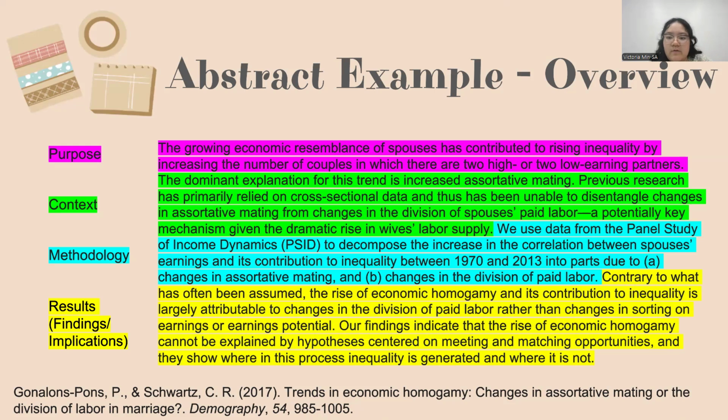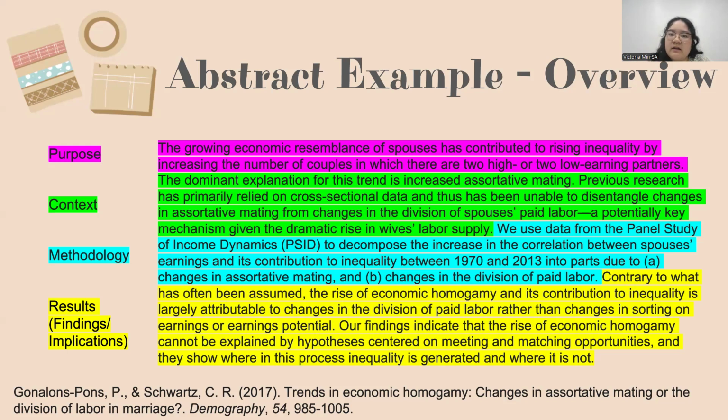What is really helpful to note is that even though you might notice that the results are longer and the purpose is shorter, it doesn't really matter how long a certain section is. It's more important that you include these different elements, because you might not have a lot of results to talk about, or your context might be the main part of your research, because your project might be very new.